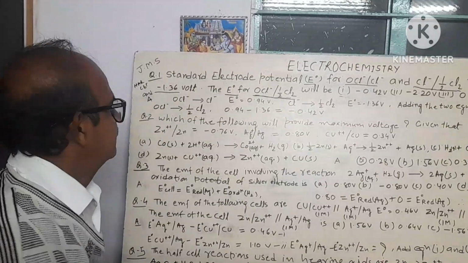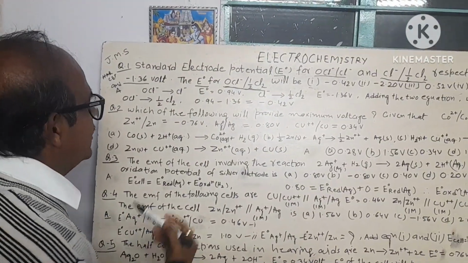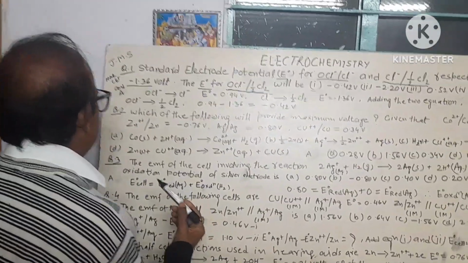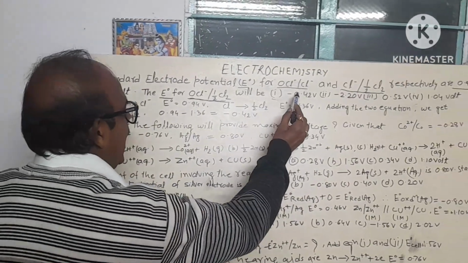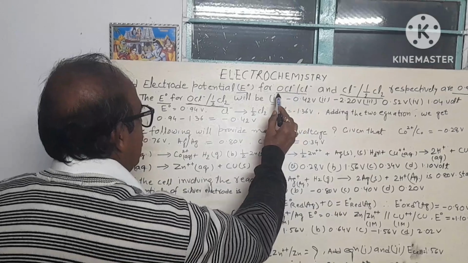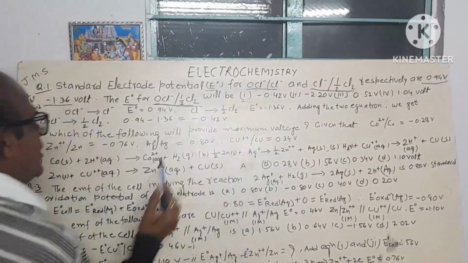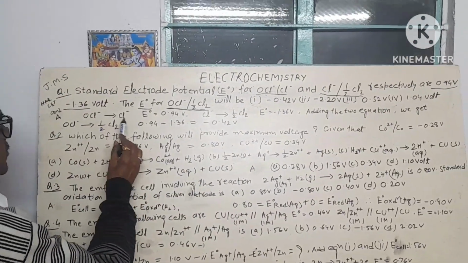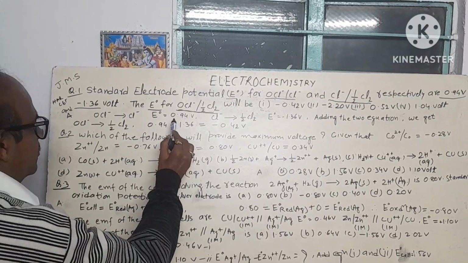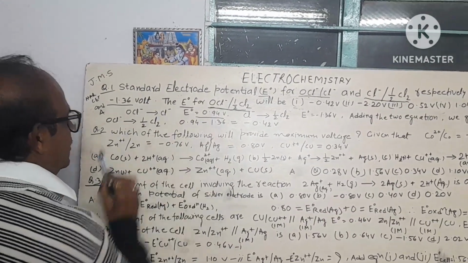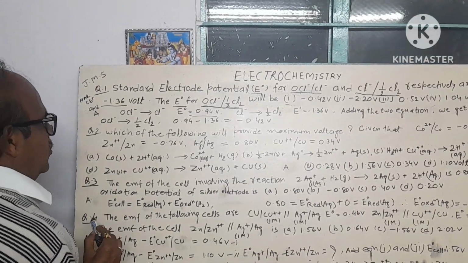Listen carefully. Here you can say the first reaction: OCl minus is converted to chloride ion. This you consider. Its potential is given as 0.94.